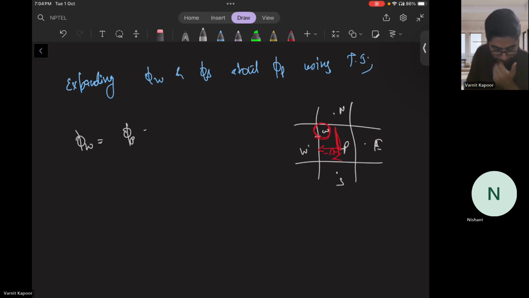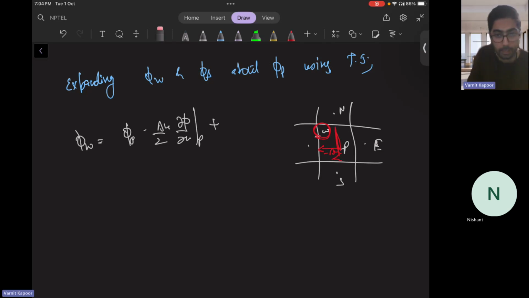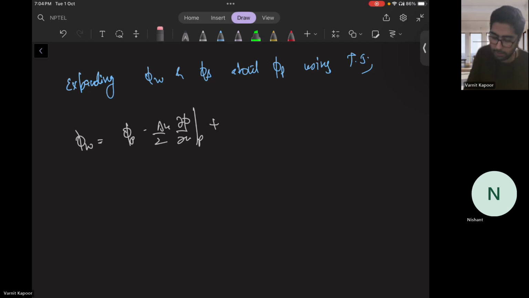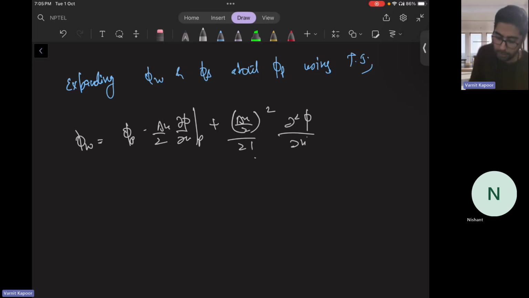So that will be minus del x by 2 dou phi by dou x about P plus del x by 2 whole square by 2 factorial dou 2 phi by dou x square and some higher order terms.